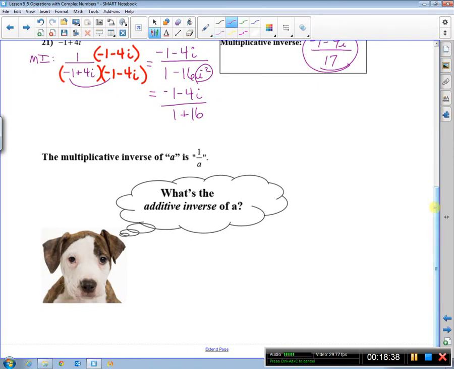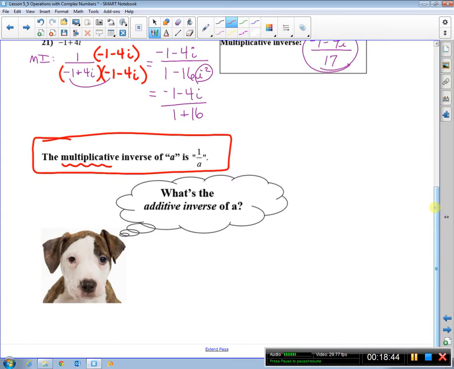All right, look at this cute little guy. This is what we just learned. The multiplicative inverse of a is 1 over a. What's an additive inverse? Well, an additive inverse is what you get when you add to a to get 0. So the additive inverse, you guys would probably call the opposite.